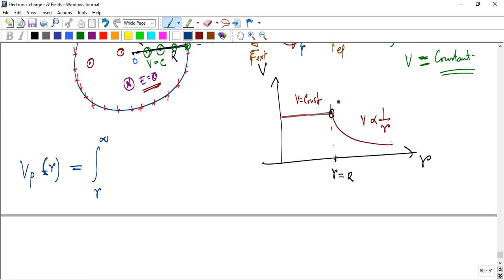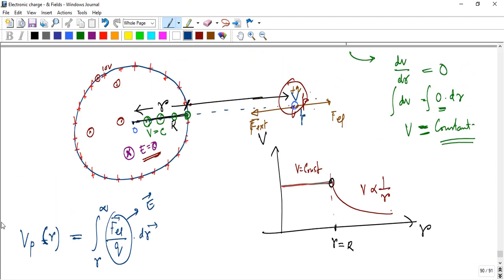E dot dr means the electrostatic force per test charge, and that term represents the electric field E. The electric field and dr are in the same direction.